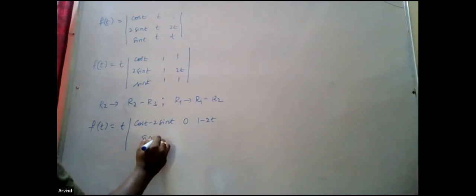Next, 2 sin t minus sin t is sin t. 1 minus 1 is 0. 2t minus 1. Okay, sin t, 1, 1. You got this. Now try to find the value of the determinant. The others: 2t minus t, because it is not 1, it's t. Yes, 2t minus t will become t. 1.